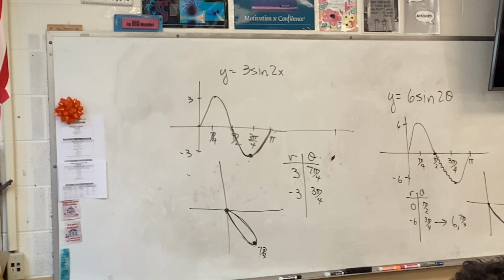How do you graph something like this on a regular rectangular system? What's that? Midline. So it starts at the midline. Alright. Amplitude is 4, so going up 4, so up to 6, and down 4, so down to -2.